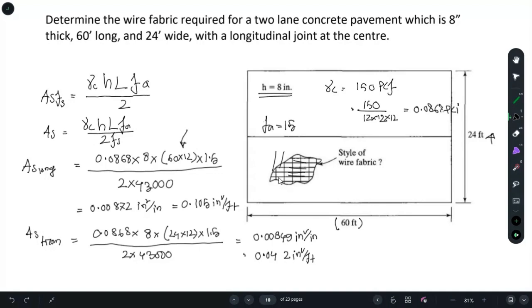Let's say typically we use longitudinal reinforcement at the rate of 6 inch center to center, and let's say 12 inch center to center for the other. So I just need to know the bar number. For that, I will use a table.